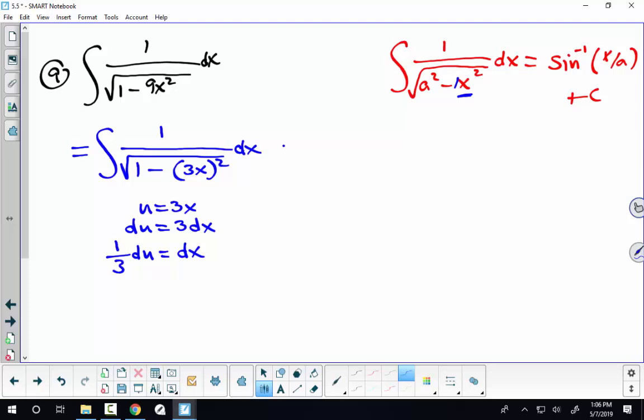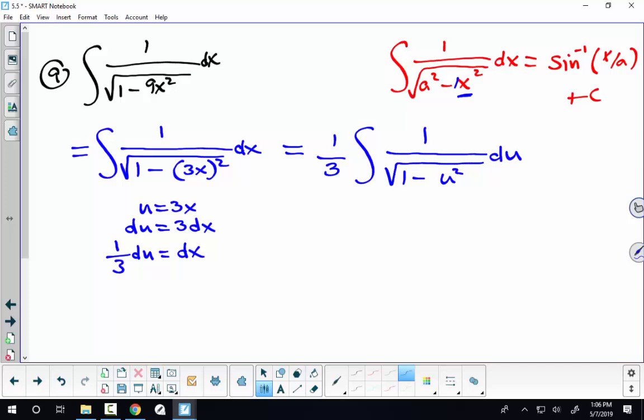So then this, maybe you can see it already, but once we apply the u-substitution, then we have 1/3 integral of 1 over the square root of 1 minus u squared with respect to u.